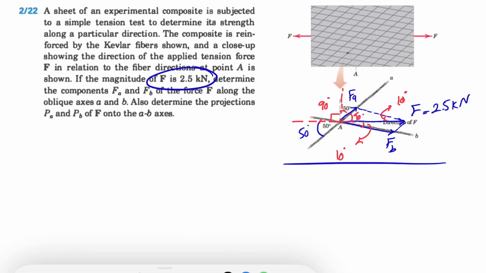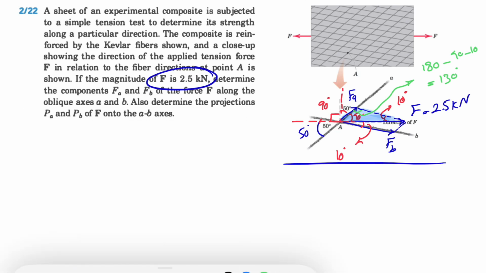I'm going to highlight it in blue. So I'm talking about this triangle. There is one angle missing in here, which we need to figure out, and that would be simply 180 minus 40 minus 10, which will be 130 degrees.